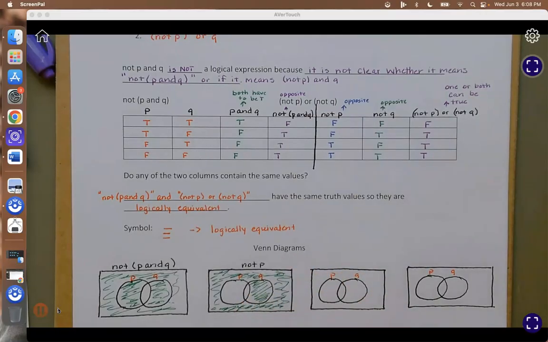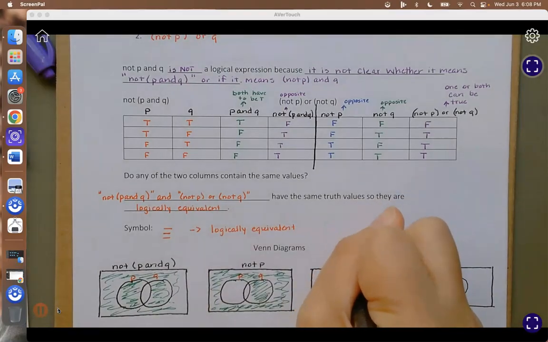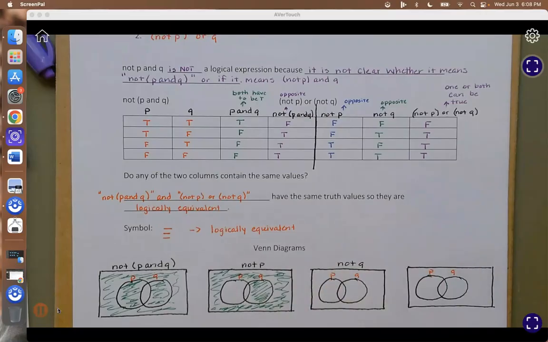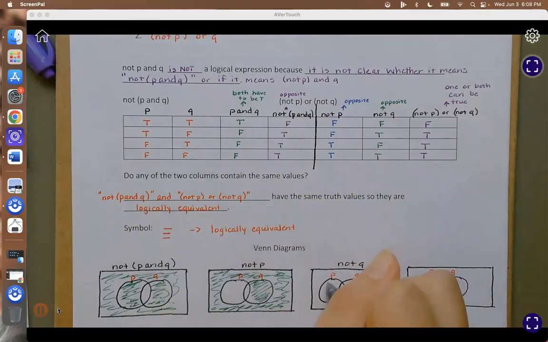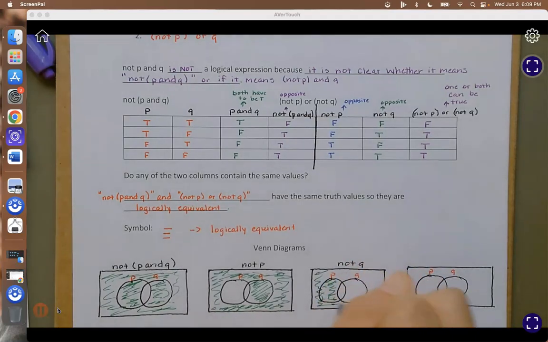Okay. Then we could do not Q. So that would be anything but the circle that has Q. Okay.